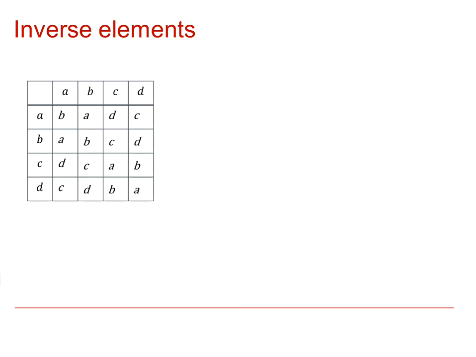Well, in this one, remember the identity element was equal to B. So let's look at A inverse. We can see that A inverse is equal to A, because A combined with A gives us the identity element B. So what we say here is that A is what we call self-inverse.